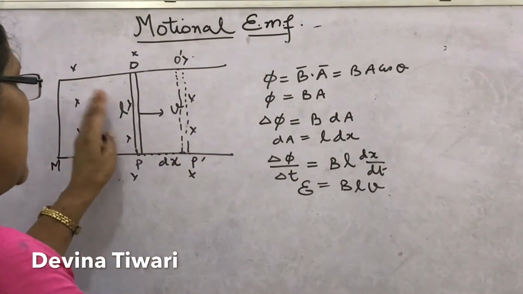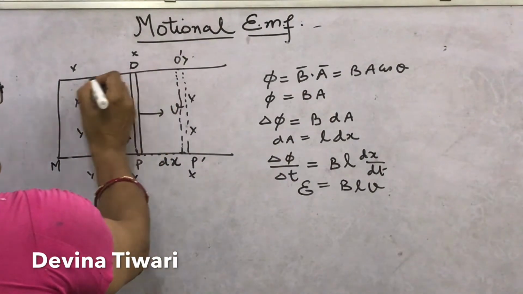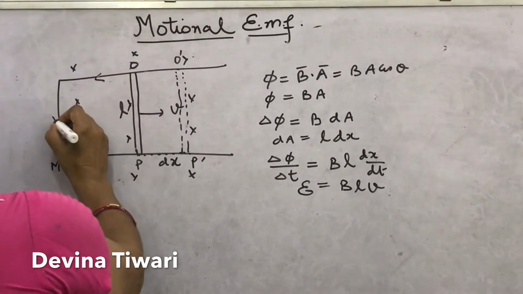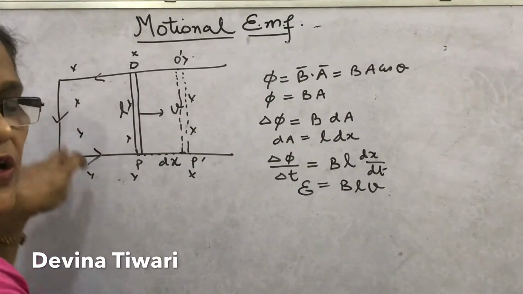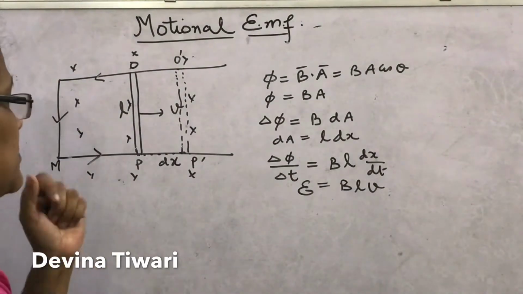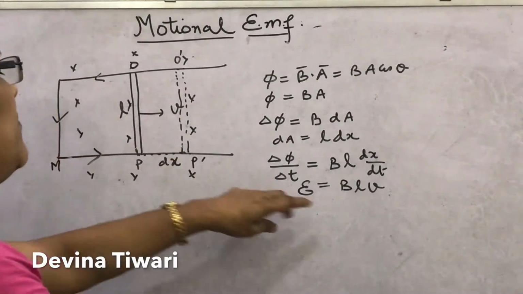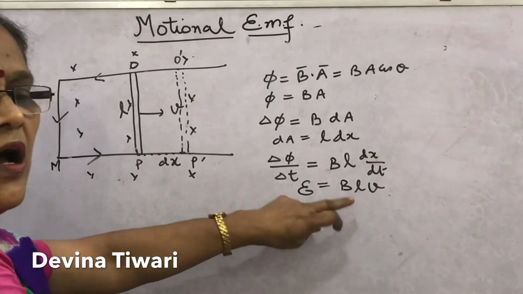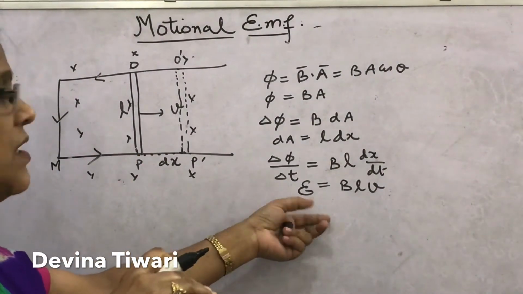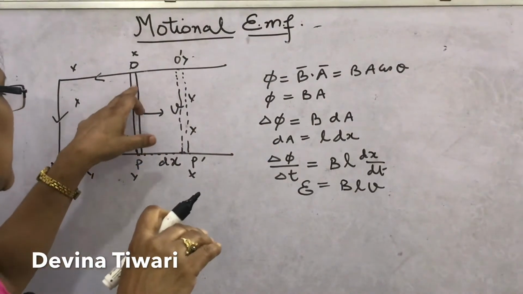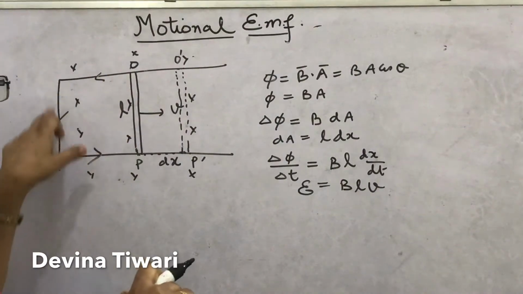Look here, what will be the direction of current? How will you say that the current direction will be anti-clockwise? How can you say? Look at how the EMF is derived. This is BLV. And Faraday's law that has been proved here shows that if the circuit is complete, then this is the direction of induced current.